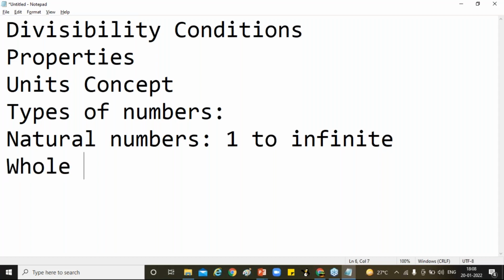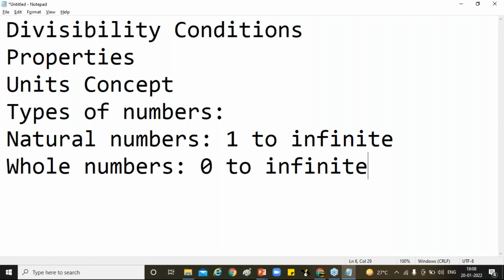And the second one is the whole numbers. The whole numbers are nothing but 0 to infinite. 0 is one whole number, 1 is one whole number, 2 is one more whole number, 1000 is one more whole number.